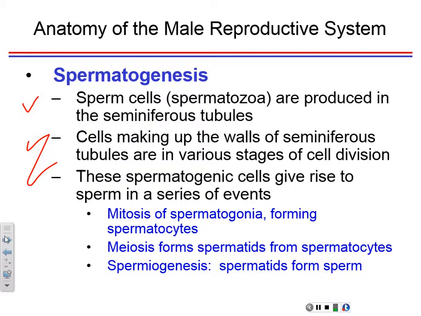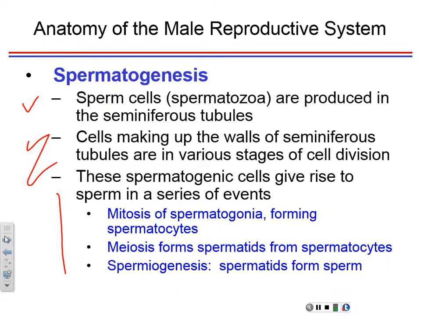That's what I really want you to know about this, and I'll list the steps for you in a diagram so you can visualize it. The last stage, where a spermatid differentiates into an actual sperm cell, is spermiogenesis.